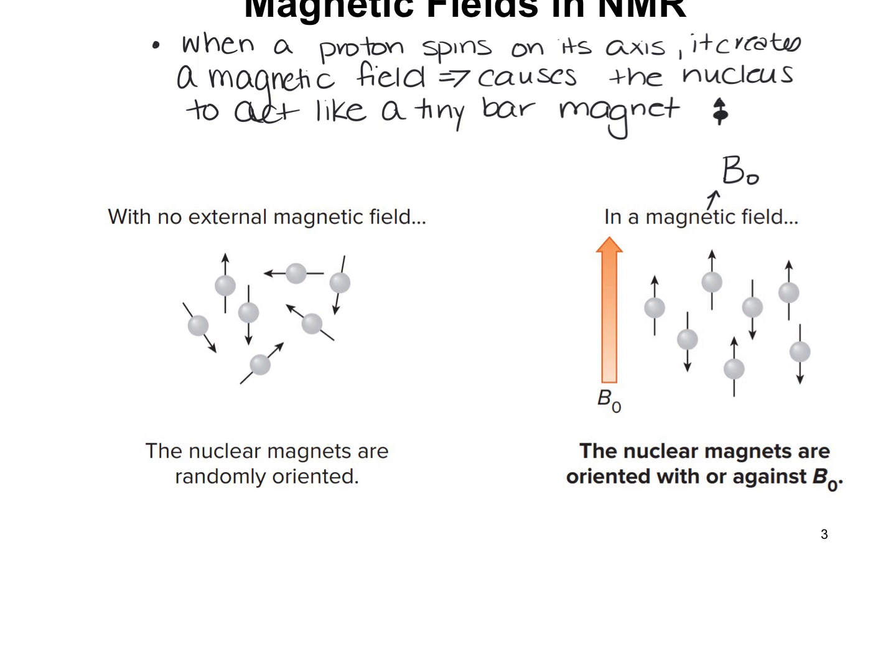Now, most nuclei are going to orient with the magnetic field because that's lower in energy. Kind of like view it like swimming downstream. It's a lot easier to swim downstream than it is to swim upstream. So if they're aligned against the magnetic field, those are going to be higher in energy.